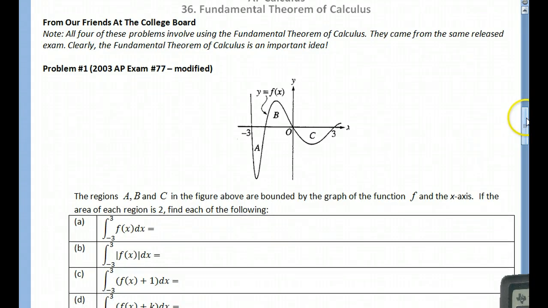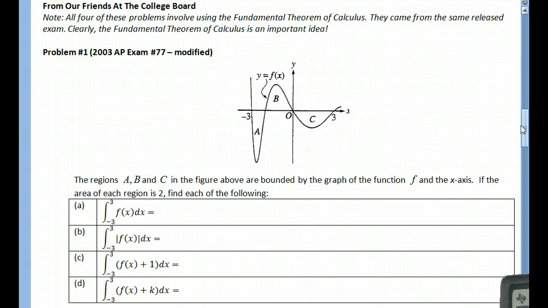All right, so let's look at these questions. What does this say right here?